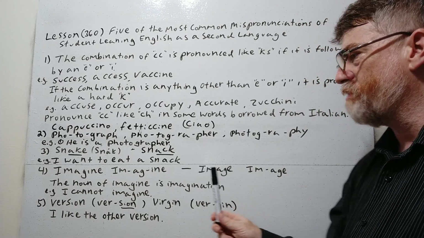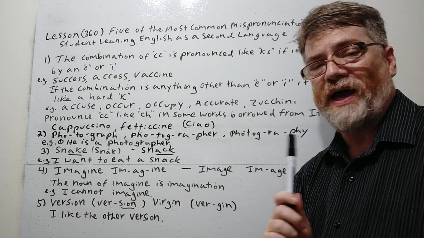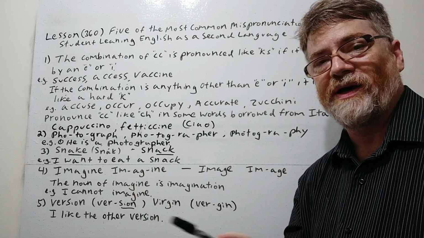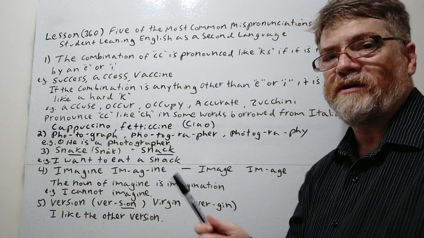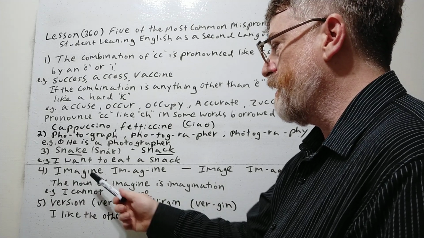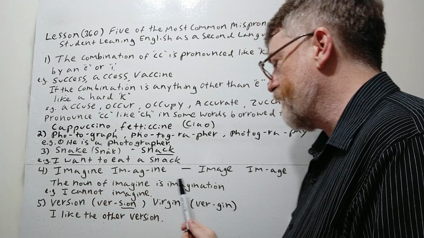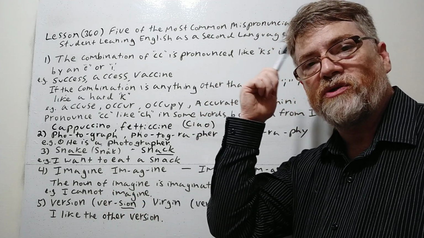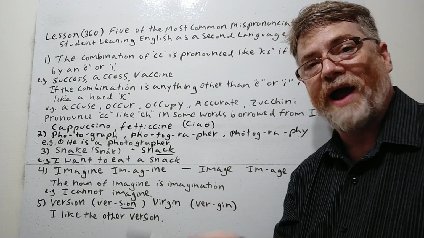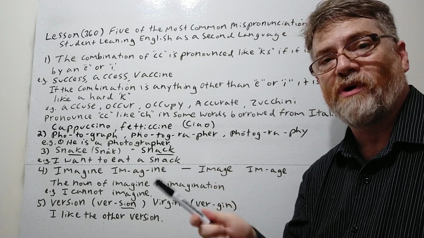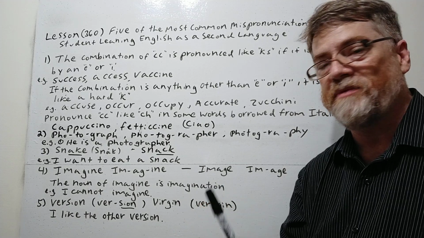Image means a picture, but they both have something to do with, like, you know, photos or seeing pictures, but they're completely different words. The noun of imagine is actually imagination. These are the pictures you see in your mind. Image is more like a real photograph or some sort of drawing that is actually an image.